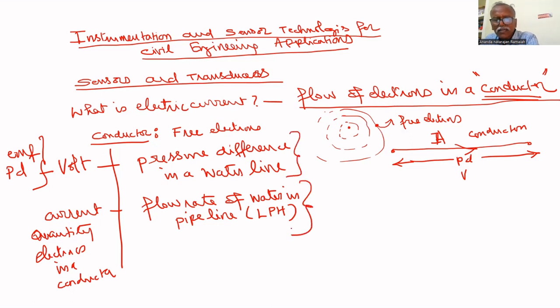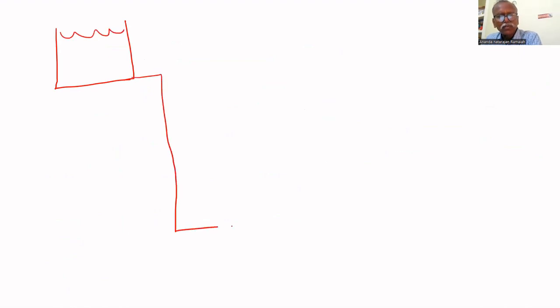So how to understand this flow of electrons in a water line? For that, let us consider this example. We have an overhead tank in our home and a tap at the ground floor. If you open this tap, you will get a water flow rate, say 5 liters per hour.